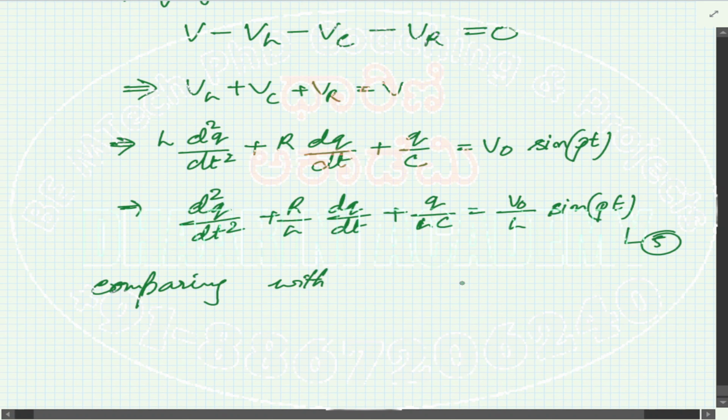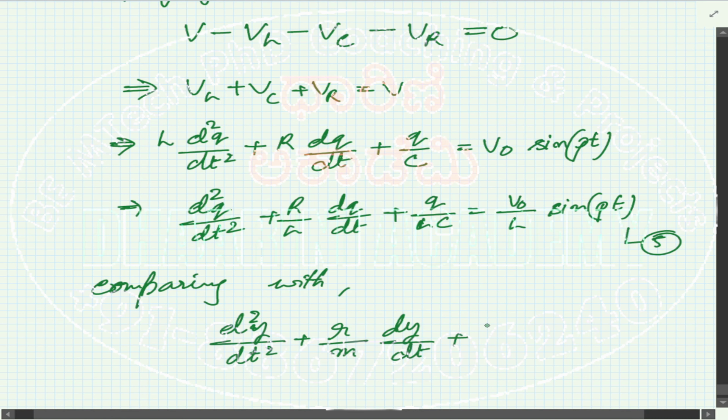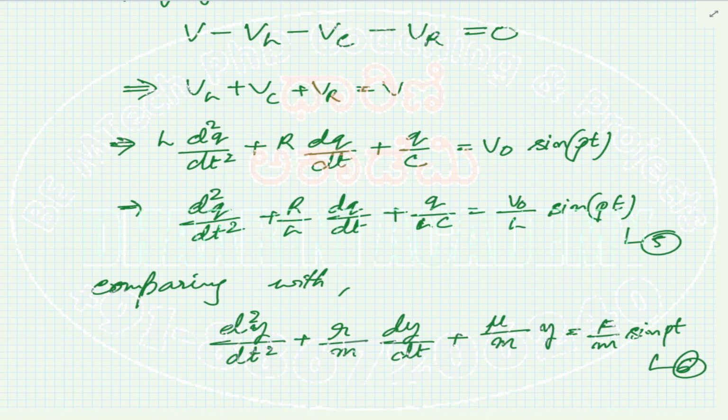Let's compare this with the standard equation, that is d square y by dt squared plus r by m into dy by dt plus mu by m times y is equal to f by m into sine pt. This is equation number 6, which was already written somewhere else.